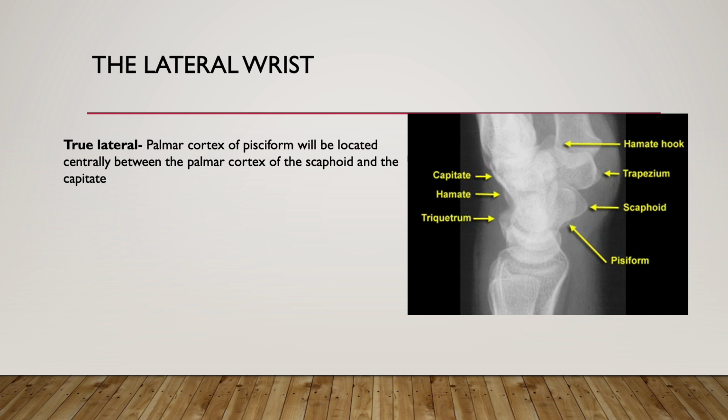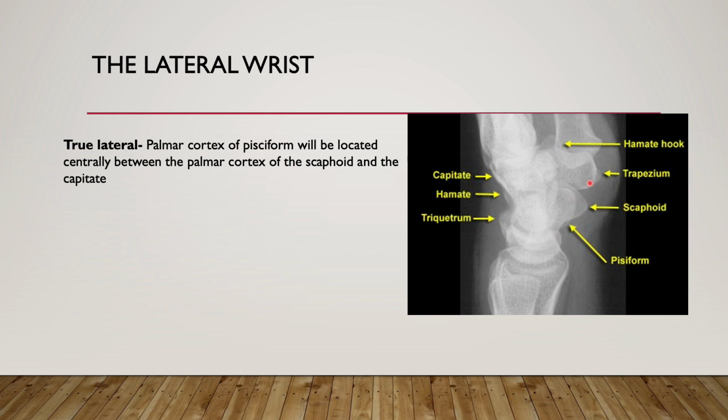Then we have the lateral wrist. Right. So what is a true lateral? A true lateral is when the palmar cortex of the pisiform is located centrally between the palmar cortex of the scaphoid and the capitate. Right. So here we can see this is the pisiform bone.